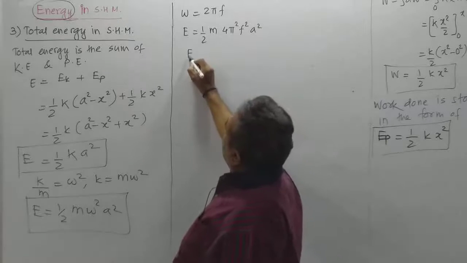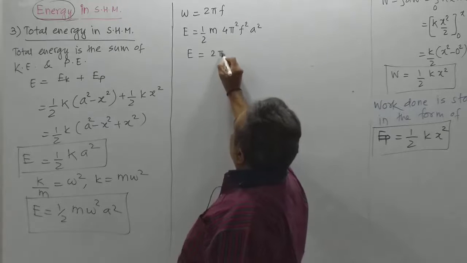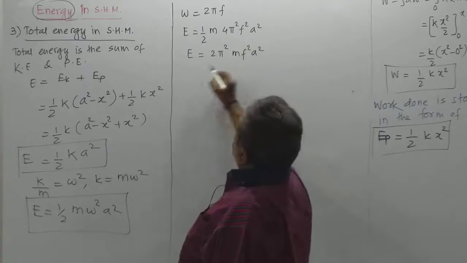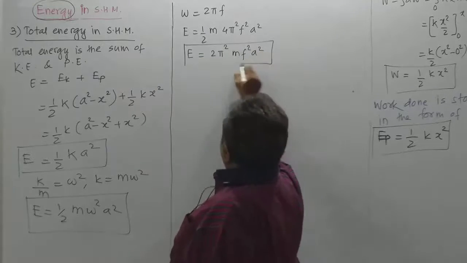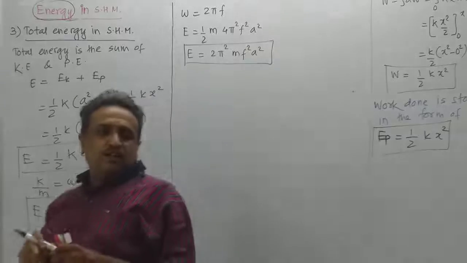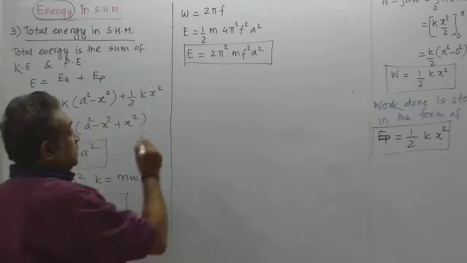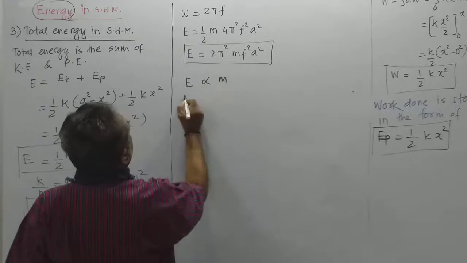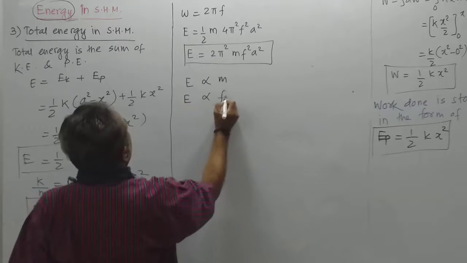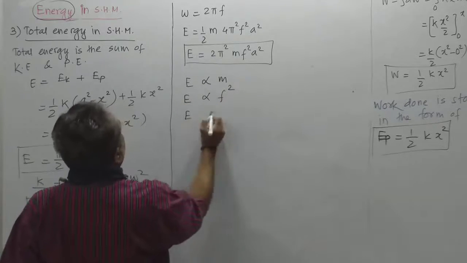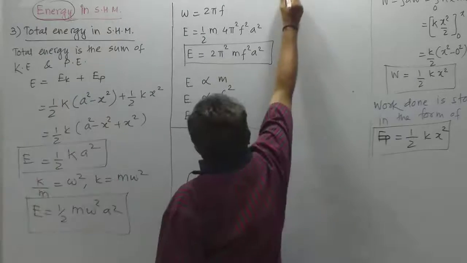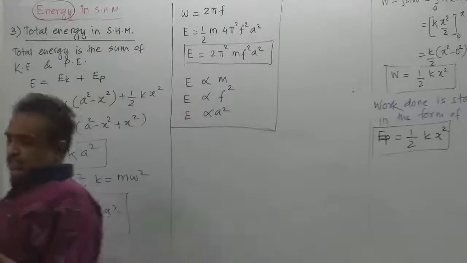So total energy E is equal to 2 pi square m f square A square. This can also be an equation which I can use whenever required. So E is directly proportional to m, E is directly proportional to f square and E is directly proportional to A square.